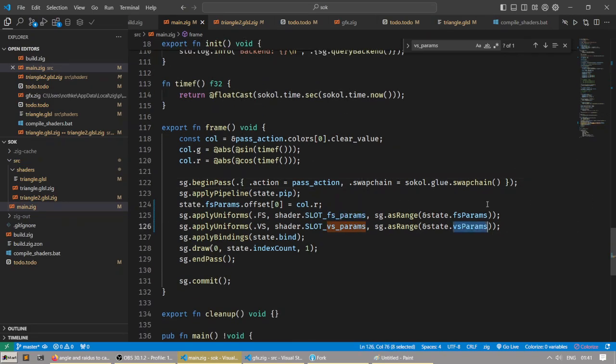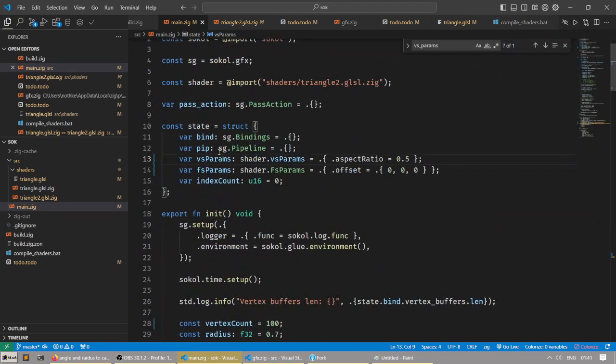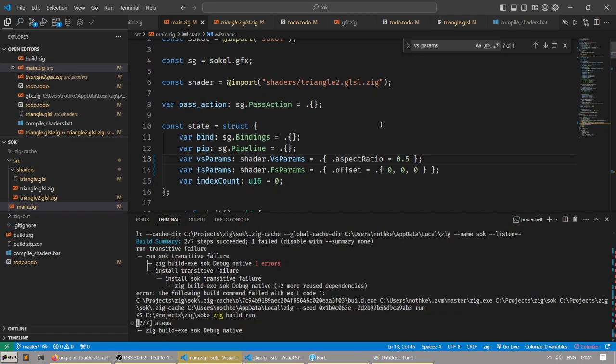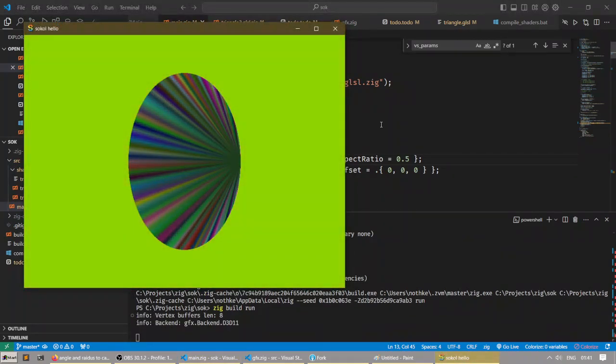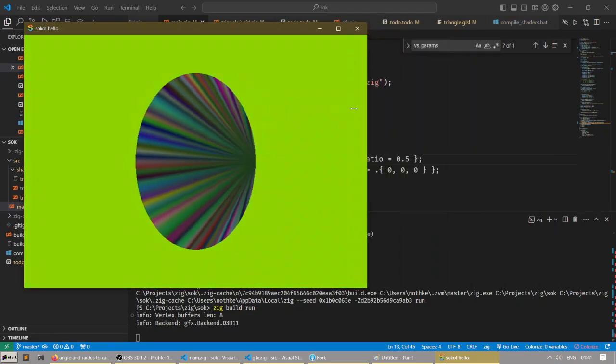Slot VS params, state VS params. Ah, there is the problem. The shader doesn't have, the type is capital V. That is why discovery also didn't work. There it is. We can compress circle now.